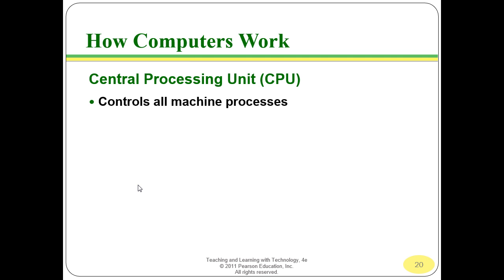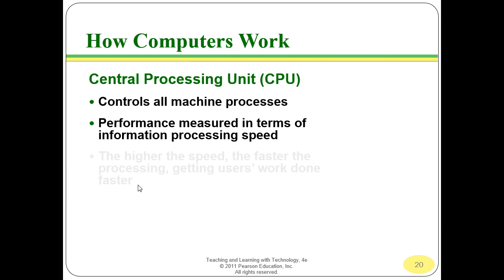Now, let's kind of shift gears to the central processing unit, or CPU. They control all the machine processes. Everything that takes place in that computer is controlled by that CPU. What that processor can do is measured by the information that it can process at a certain speed. And we're talking billions of bytes a second, gigabits or megabits, millions of bytes.